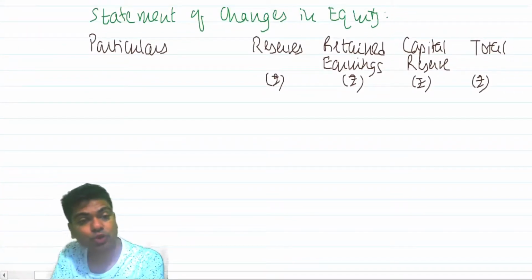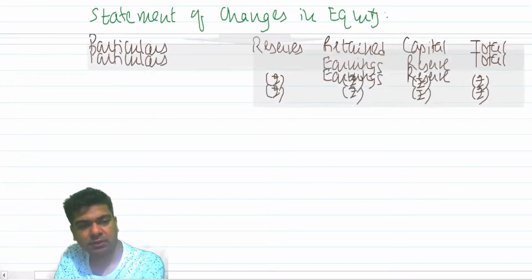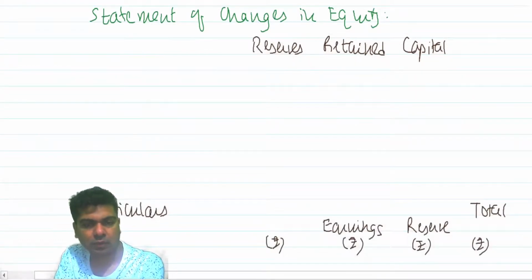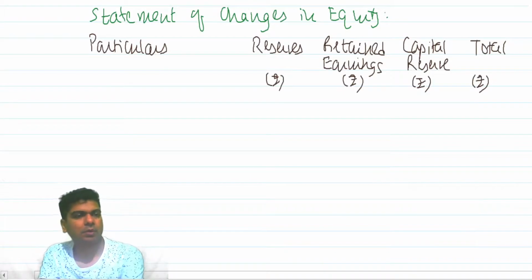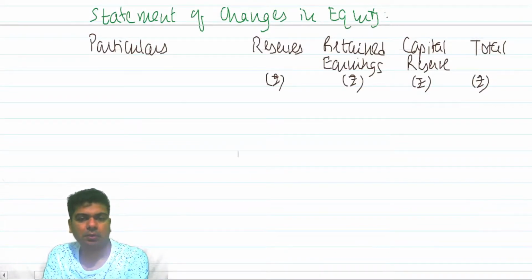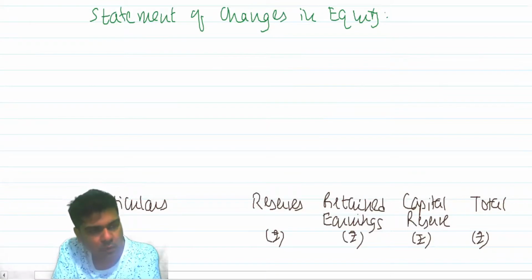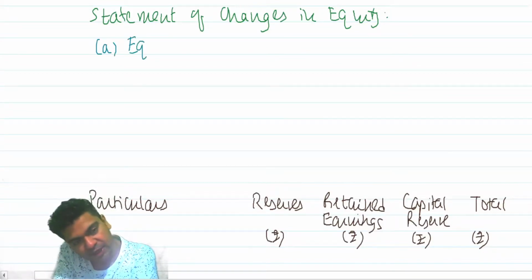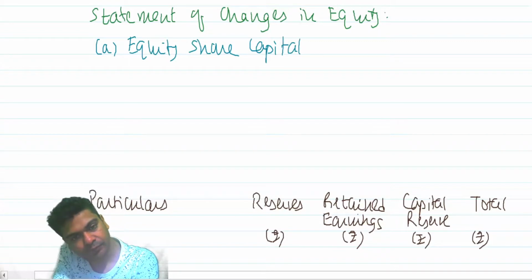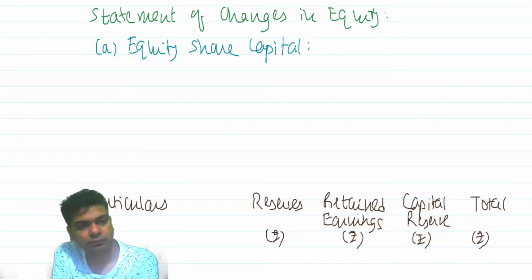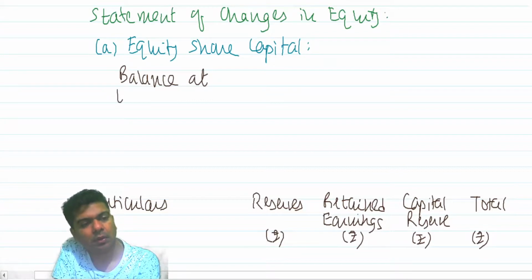Oh, sorry, we were first supposed to show, just a second. We're first supposed to show A, equity share capital. This was a part of other equity. Say equity share capital. Balance at the beginning.